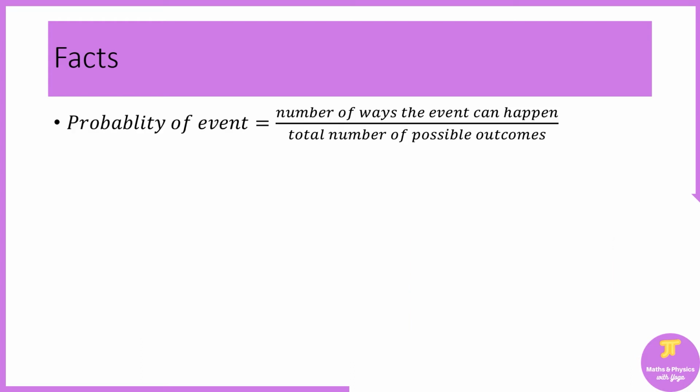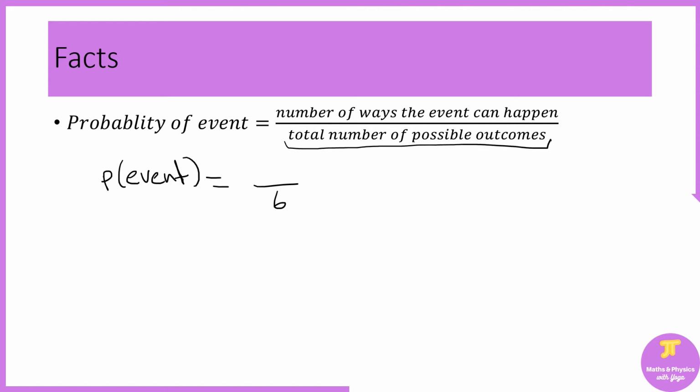What is the probability of an event? Probability of an event is also denoted by P(event). It is the number of ways that the event can happen over the total number of possible outcomes. For example, if you throw a dice, the total number of possible outcomes is 6.